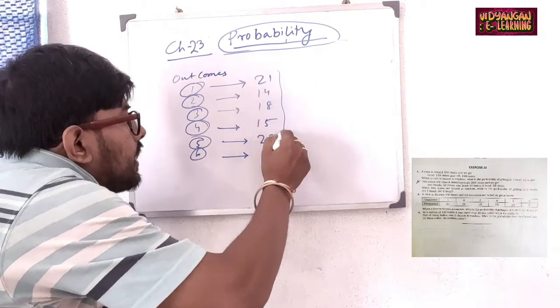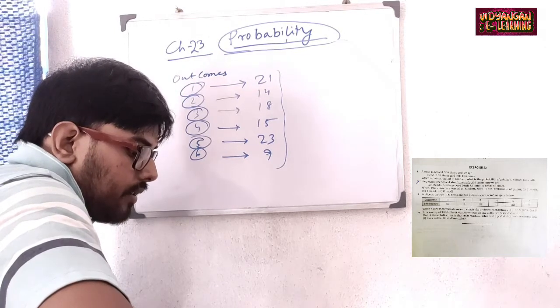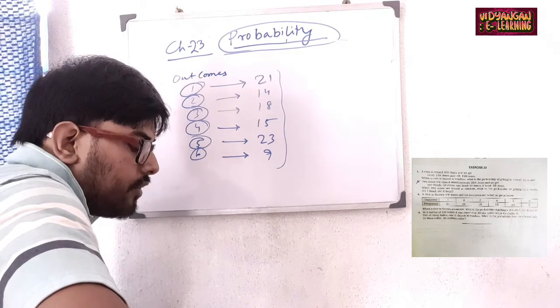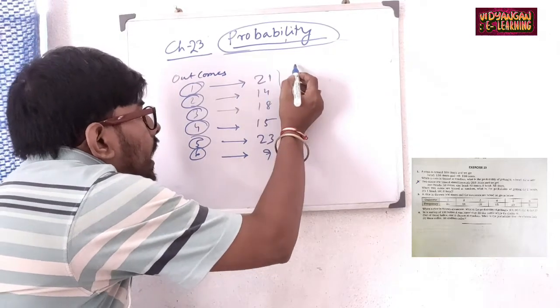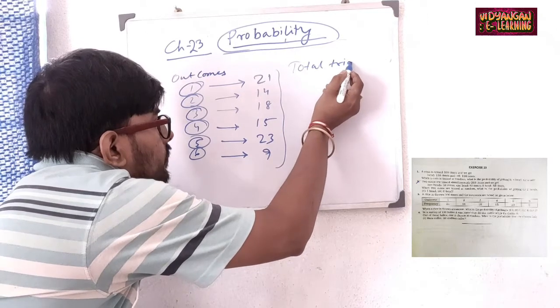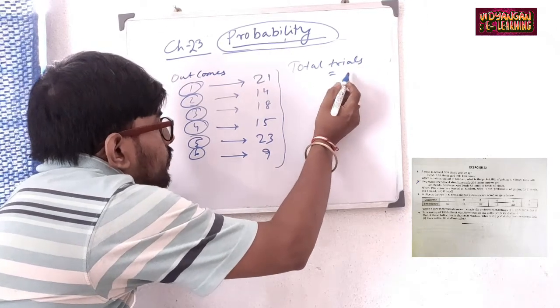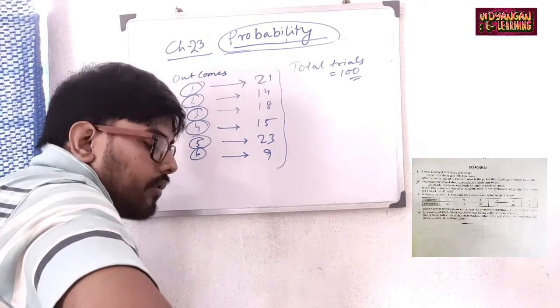Now these are the outcomes. How many times do we get 3? The first question. Total outcomes or total trials is equal to 100, as I throw the dice 100 times.